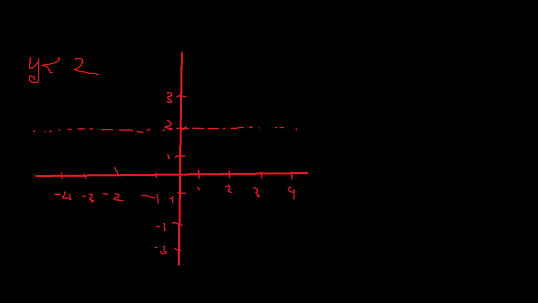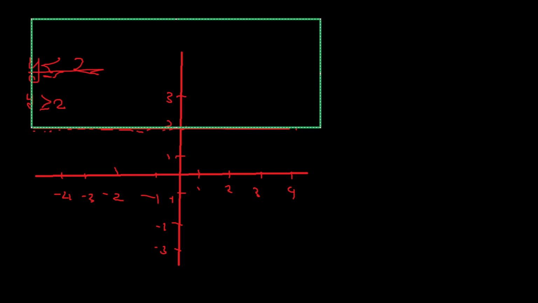But if it were an equal sign, so it's less than or equal to, we know it's going to be a straight line. But let's say if this one right here was 2, that would mean that this would be a straight line, and this place would be shaded.